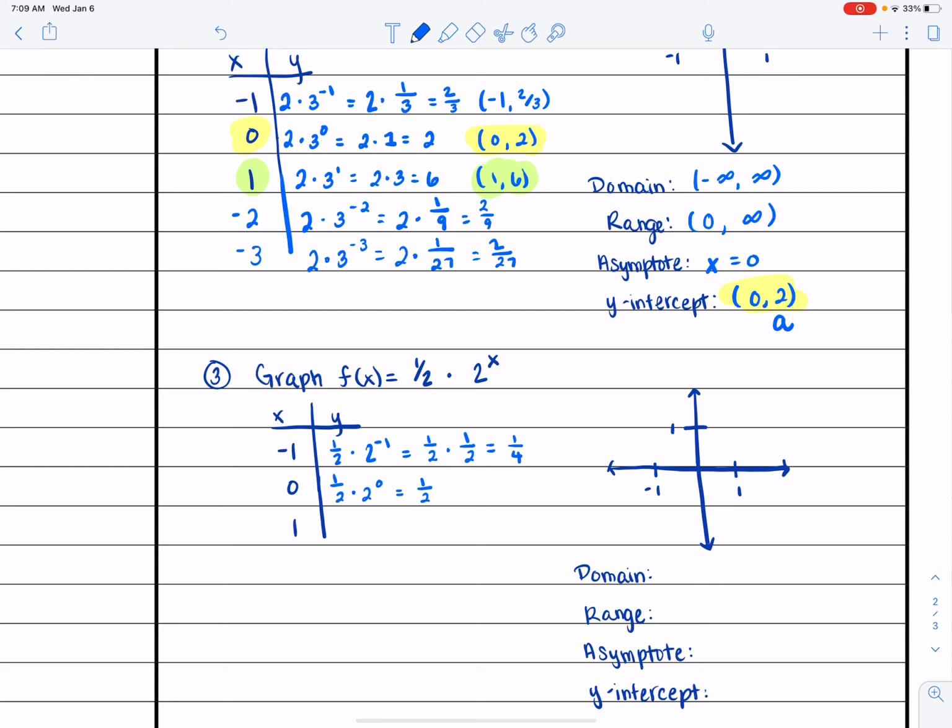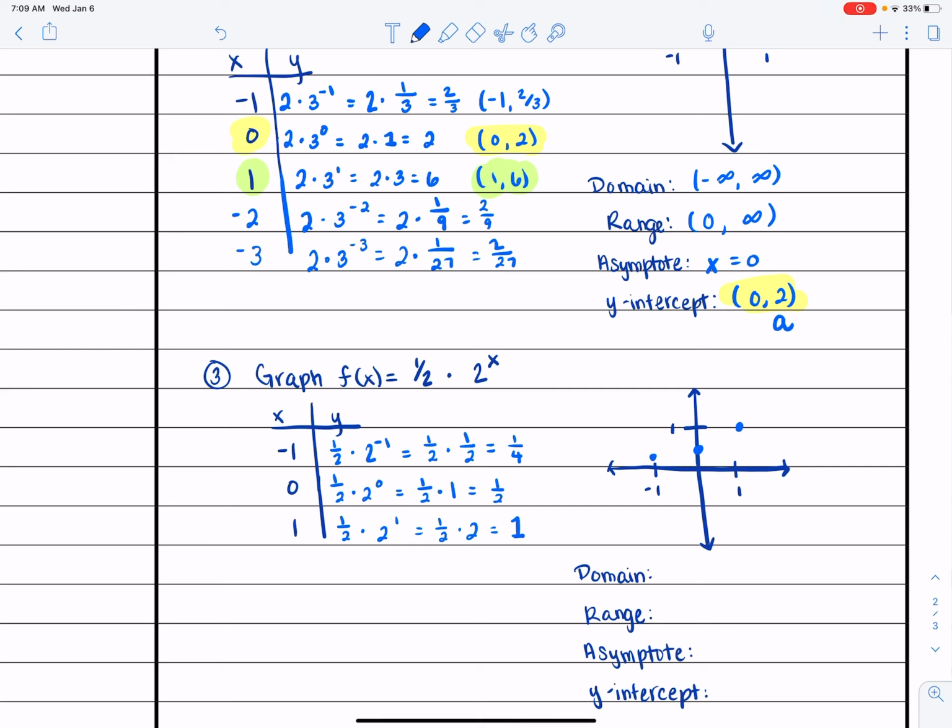Anything to the 0 power is 1, so I have 1/2. 1/2 times 2 to the first power is 1/2 times 2, which is 2 over 2, which is 1 whole. All right, so if we plot those points, we've got -1, 1/4. We've got 0, 1/2, and 1, 1.